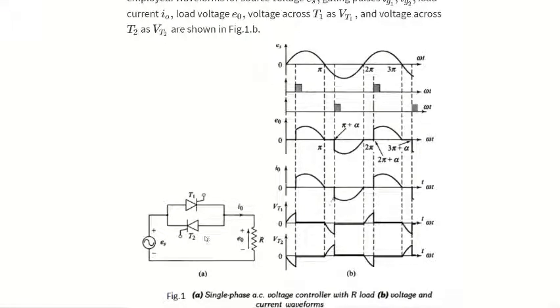You can use a single gate triggering circuit, which can turn on both the power devices together. One gate triggering circuit can be used for both the devices. All right. So now, as we can see, the output has an AC component, the controlled AC output, right?